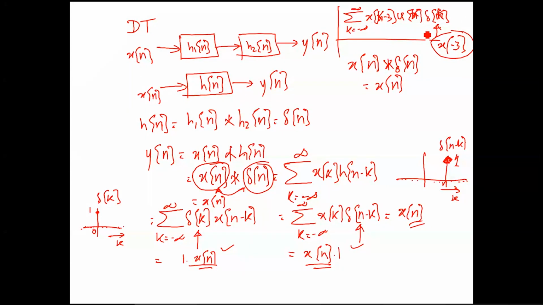Although in mathematics you should have been told about these impulse and step for integration and summation, from my experience I know that typically our students are not prepared that way, and this is the first time they come across such examples where inside summation or integration they see a step or an impulse function. So be comfortable with the step function and impulse function inside a summation or integration.